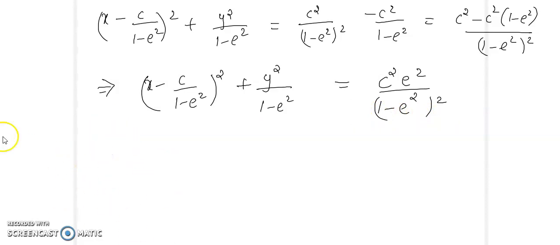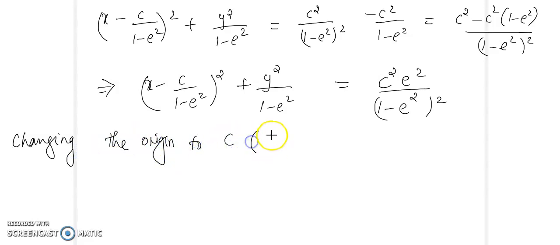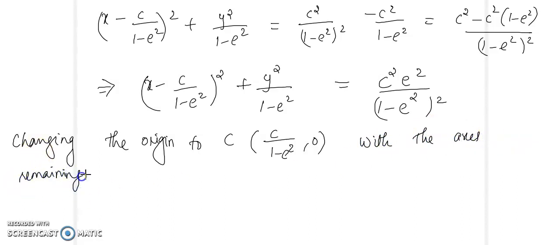Changing the origin to C by 1 minus E square, 0 with the axes remaining parallel, the equation becomes, so നമ്മൾ വേറൊന്നും ചെയ്യുന്നില്ല, നമുക്ക് ഉണ്ടായിരുന്ന എലിപ്സിനെ ജസ്റ്റ് നമ്മൾ ഷിഫ്റ്റ് ചെയ്യാണ്.